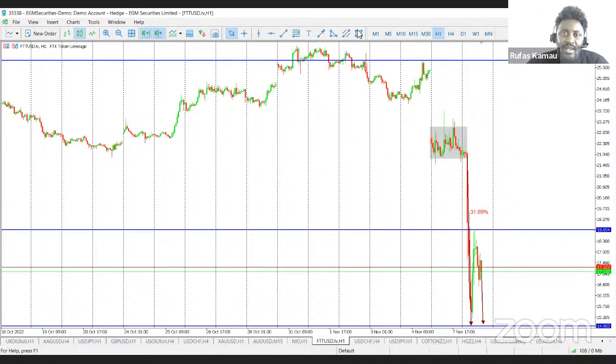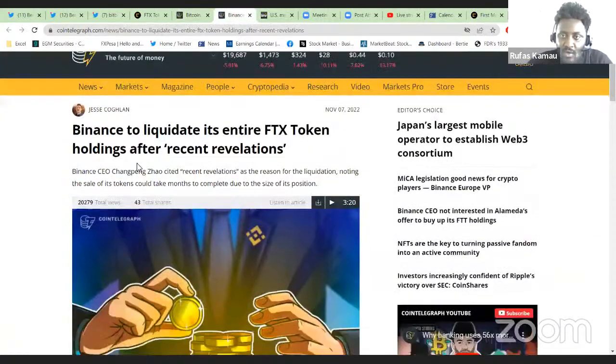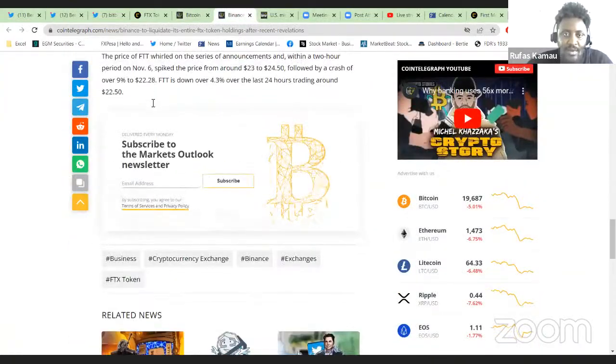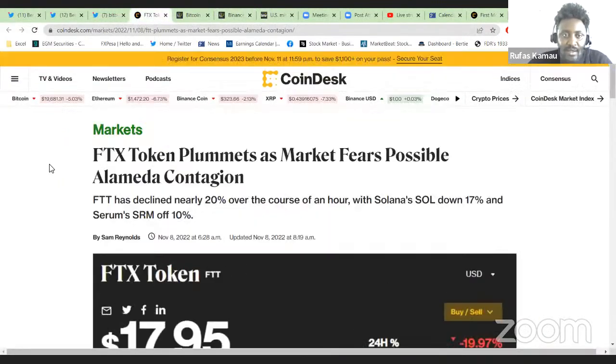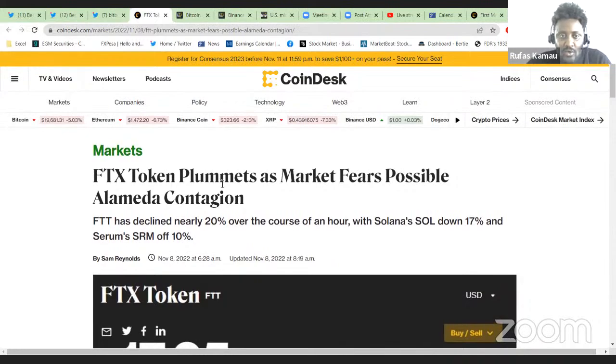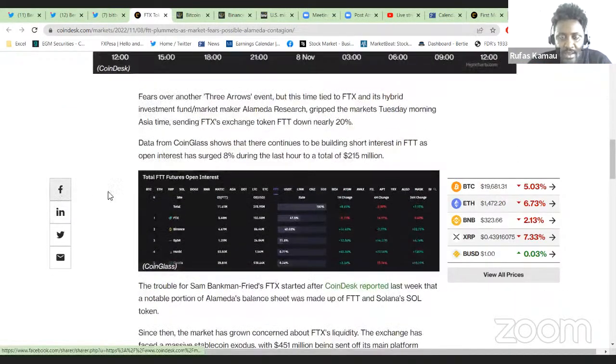Just to give you an insight of what's happening right now in these markets, you just have to look at a couple of articles on Cointelegraph. Let me see if I can find one that shows the open interest. And remember, this is a couple of hours ago. The open interest is rising by the minute. So, FTX token parameters as market fear, Alameda contagion. Here it is.